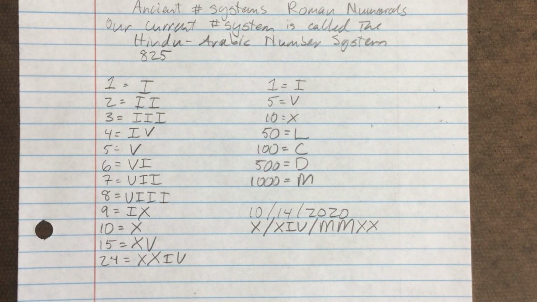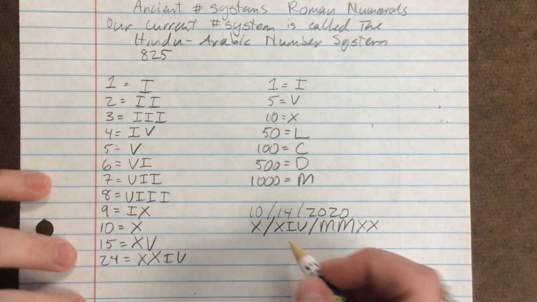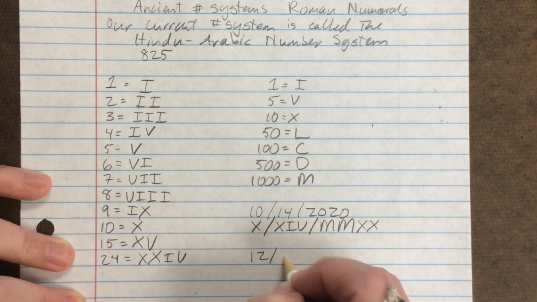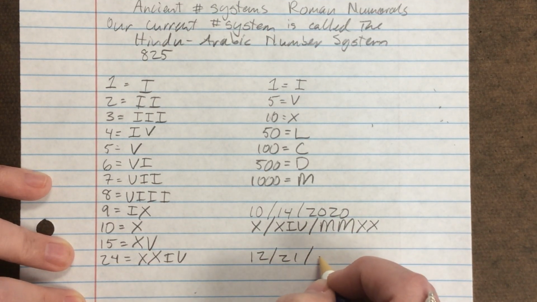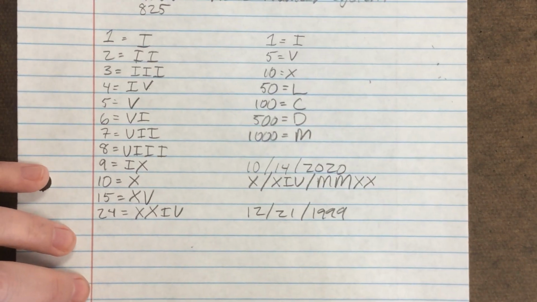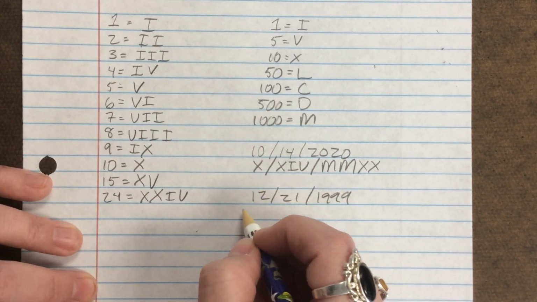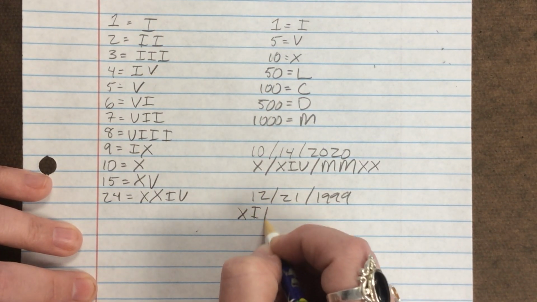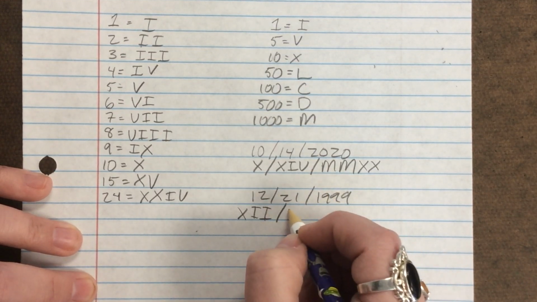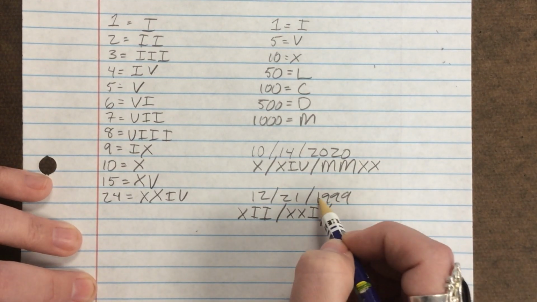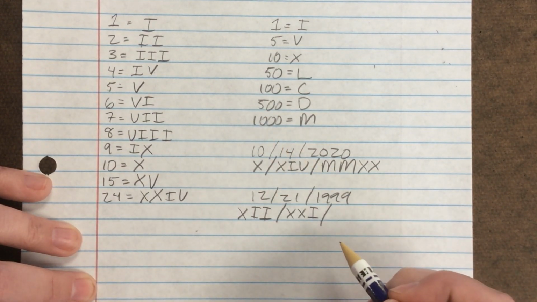And that's actually not too bad once we got into the 2000s. When we were living in the 1900s, like if we had to do, let's say we were partying like it's 1999, and we'll do 12/21 of 1999. The 1900s were rather cumbersome when it comes to the Roman numerals. So 12 would be XII, 21 is XXI, and then here we go. So we need 1,000.